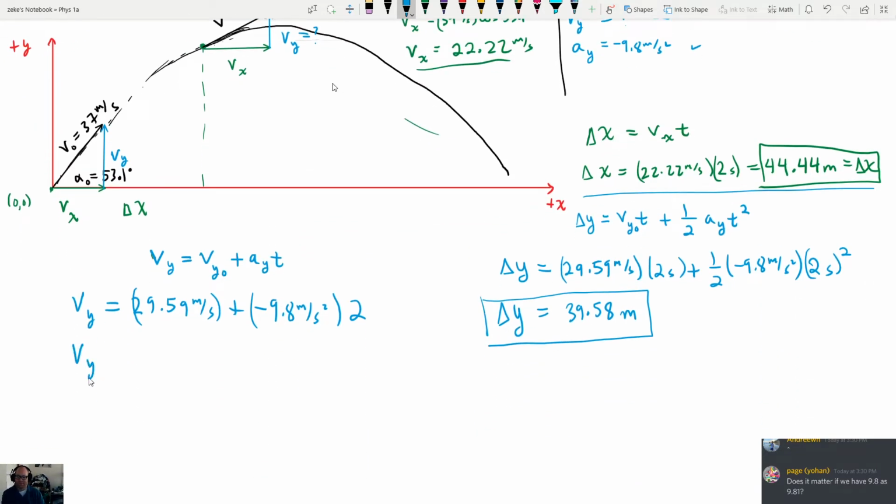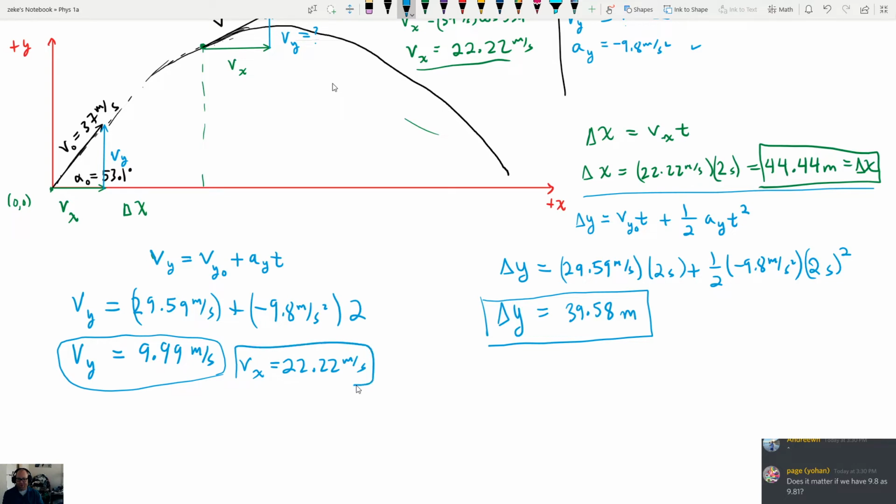This is going to give us Vy equal to something like 9.99. Almost 10 exactly. So there's Vy, but we also know what Vx is. You can kind of see it up in the top of the screen there, that Vx was equal to 22.22.